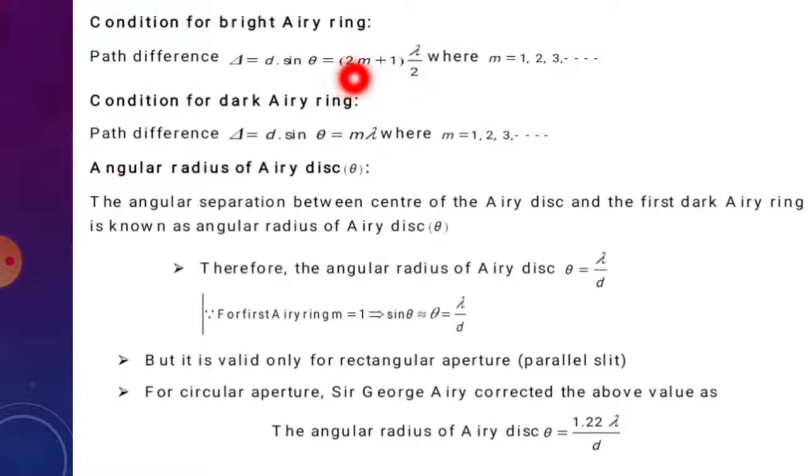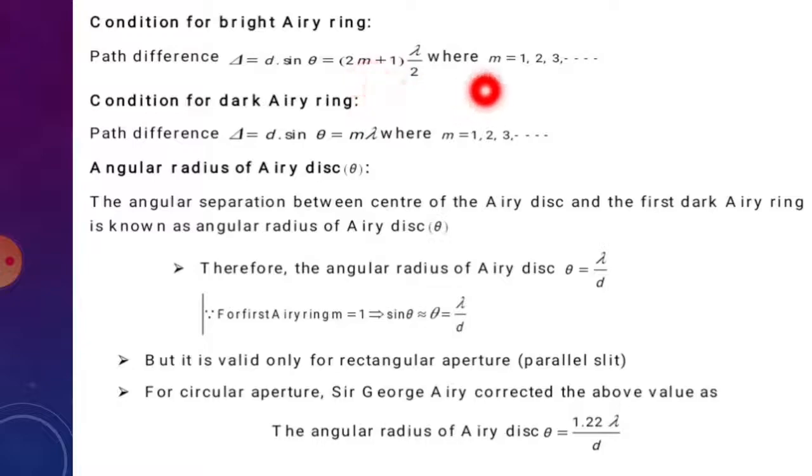This 3 lambda by 2 is the path difference between the waves diffracted at extreme points of the circular aperture. That is, when the path difference between the two diffracted light rays is 3 lambda by 2, we will get the first bright ring in the diffraction pattern formed by the circular aperture.